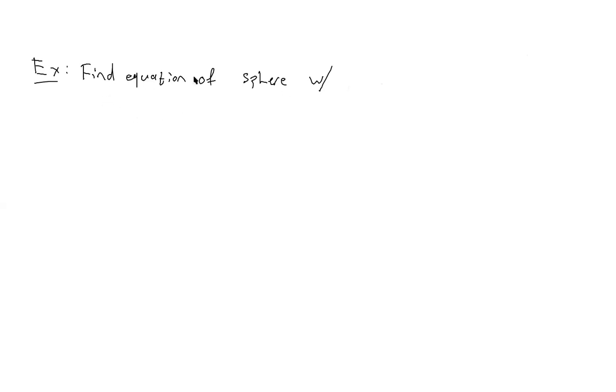The equation of the sphere with one diameter having endpoints. That's what I wanted to say. Having the endpoints (5, 4, 3) and (1, 6, -9).